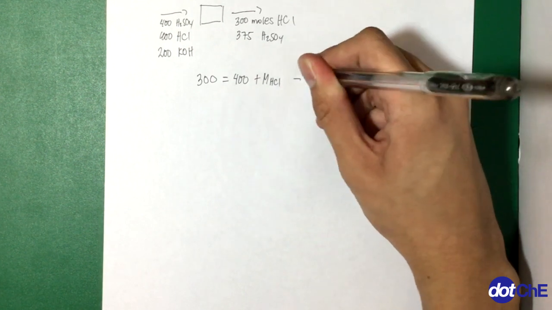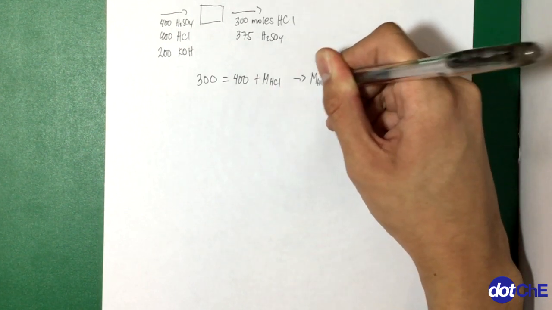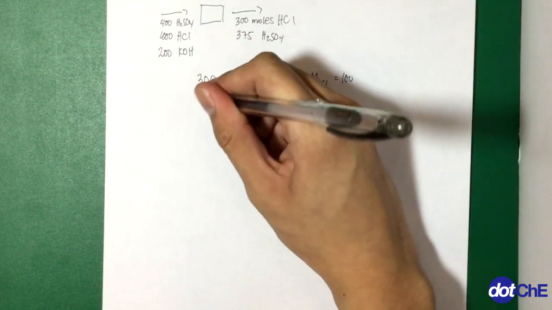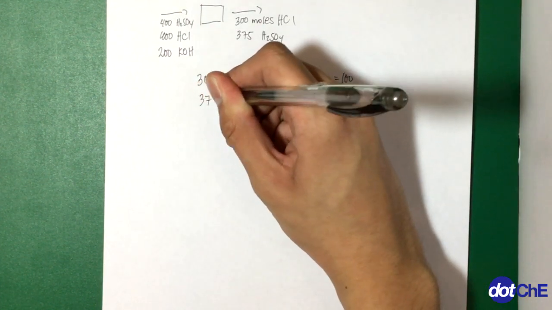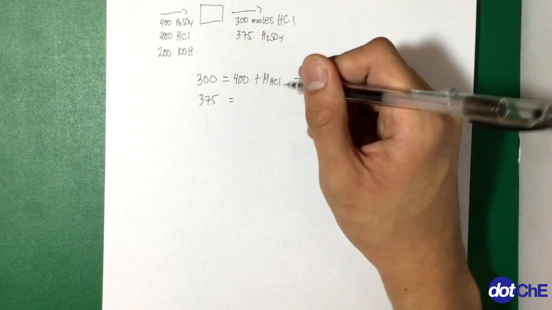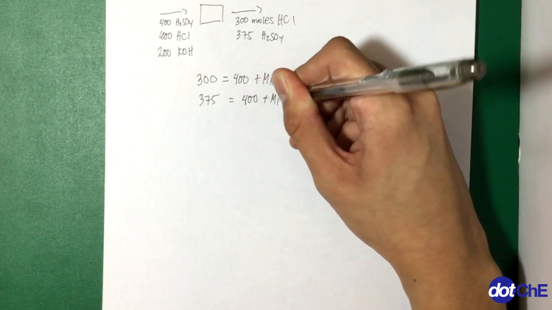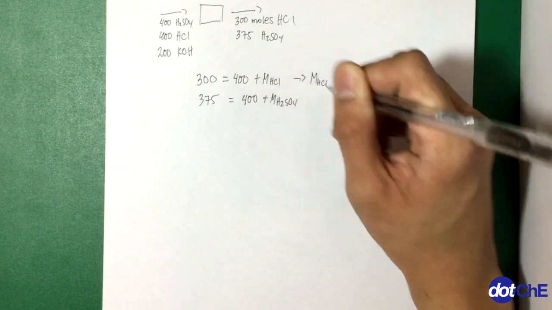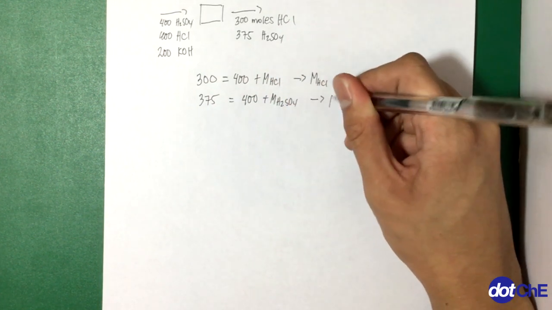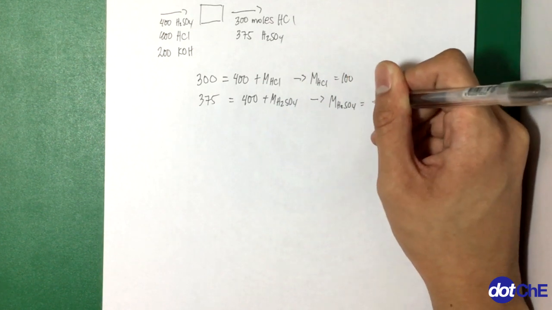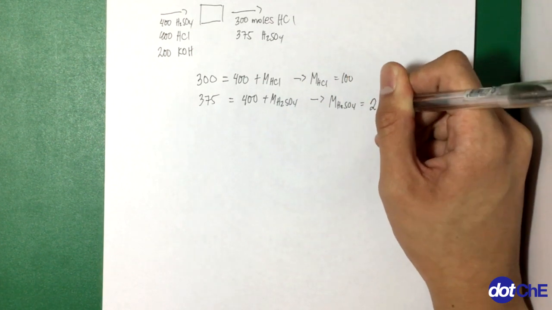Thus, our MHCl equates to 100. Additionally, it would be easier to get for H2SO4, which is using the same procedure. We get MH2SO4 as equal to 25.